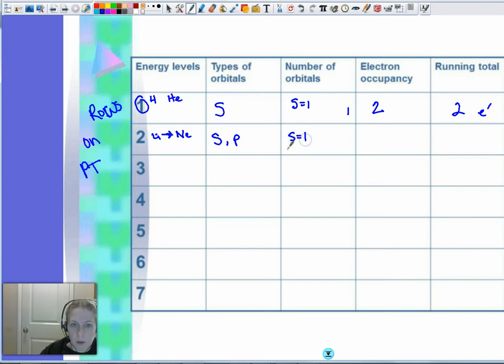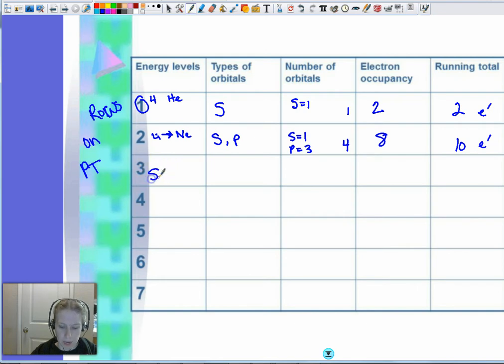S has 1 orbital, p always has 3, for a total of 4 possible orbitals. Each orbital can hold 2 electrons. So we're going to multiply this by 2, and that's going to give us 8. We add this up, we get 10 electrons now. So if we have full 1 and 2 energy levels, we'll have a total of 10 electrons.